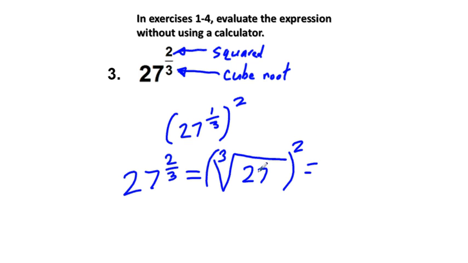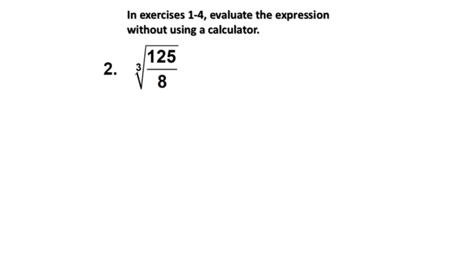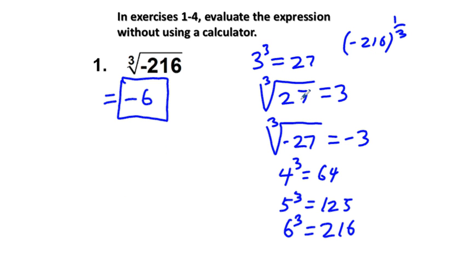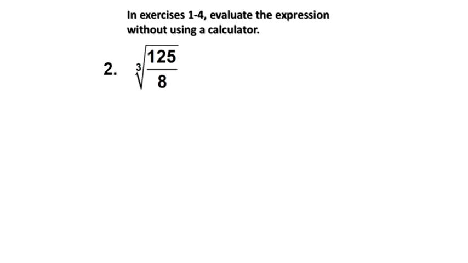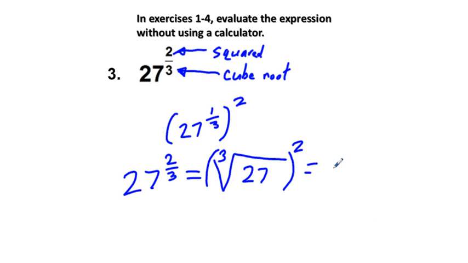And so the cube root of 27, well, we actually happened upon that, didn't we, in the last problem? Cube root of 27 is 3. So we're going to have 3 squared, which equals 9. So that is our answer to problem number 3.